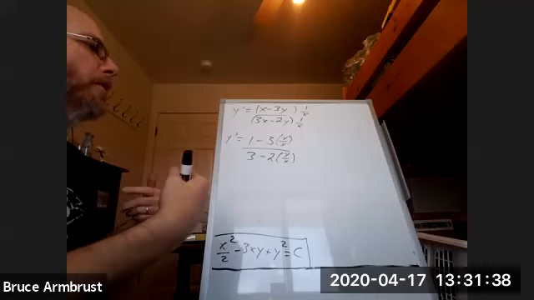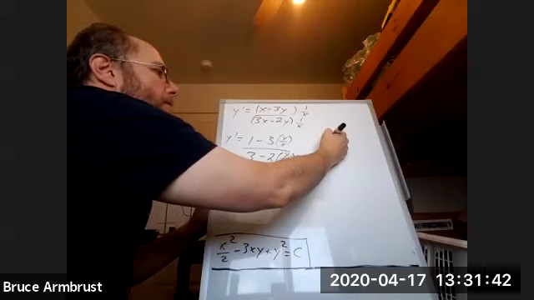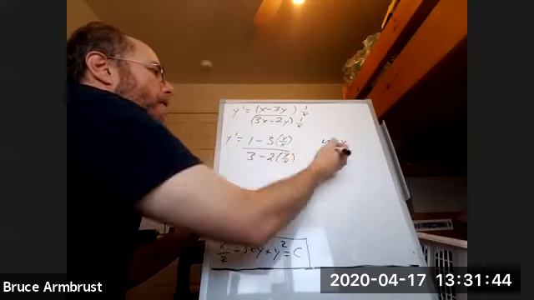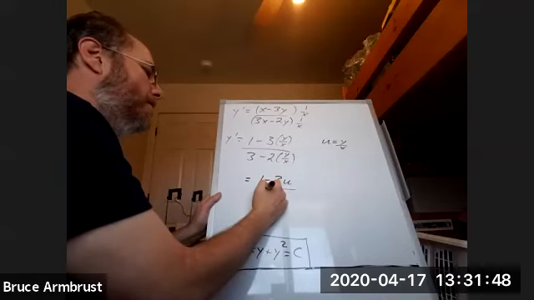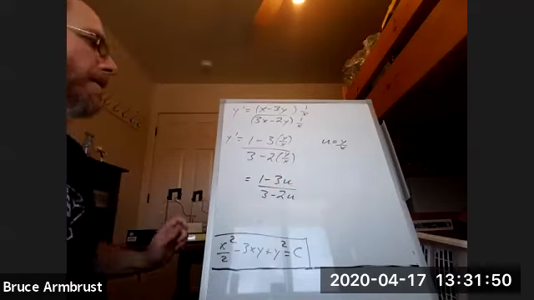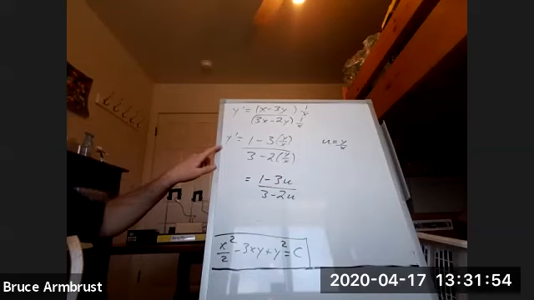And then at this point, we proceed to change the y over x. We go with u equaling y over x. So we get 1 minus 3u over 3 minus 2u. But we also have to change the y prime. Do you remember what that looks like?